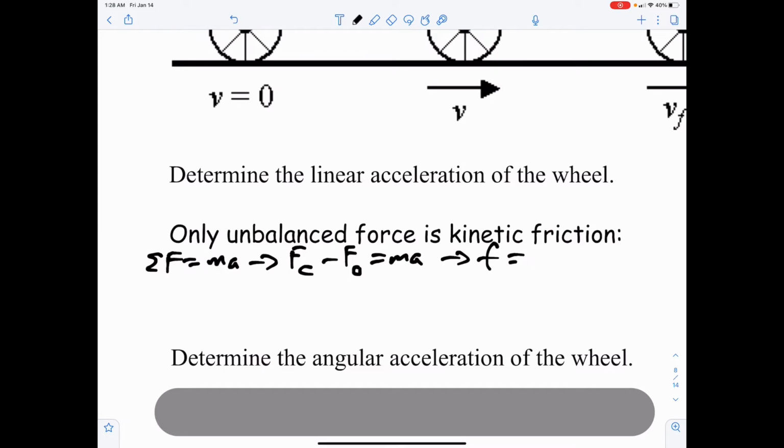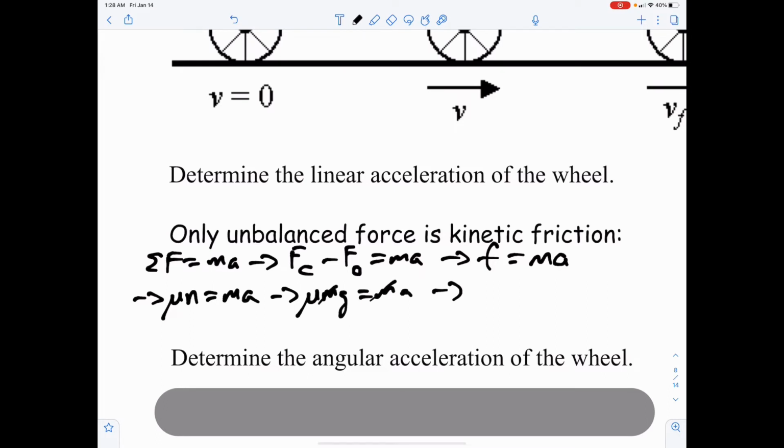Kinetic friction equals ma. Okay, now substitute. Friction was mu times normal force. That equals ma, but normal force is mg. So it's mu mg equals ma. Masses cancel, and a is equal to mu times g.